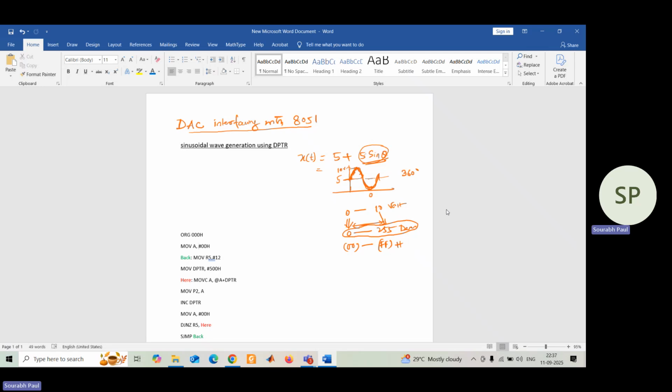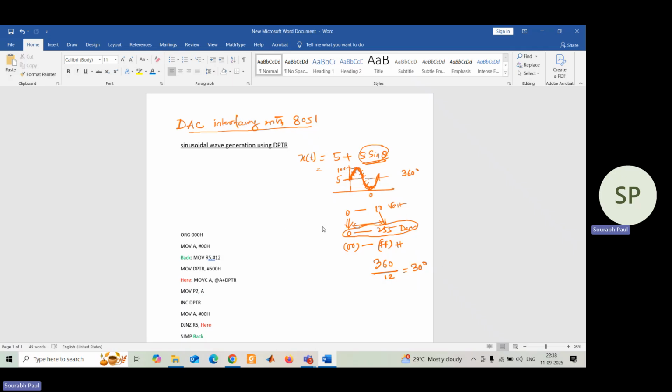Yes or no? So the total is 360 degrees, and I am taking 12 samples. 360 divided by 12 is a 30-degree interval that I need to take.